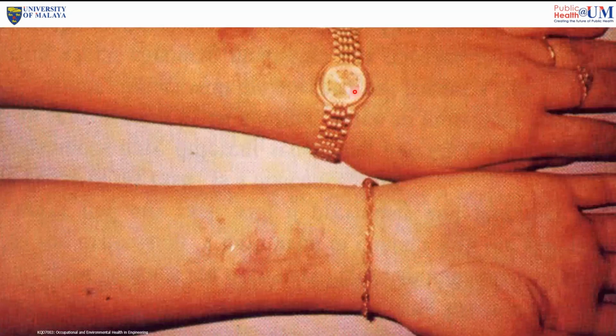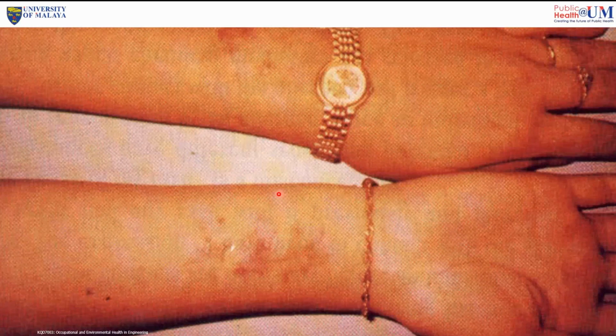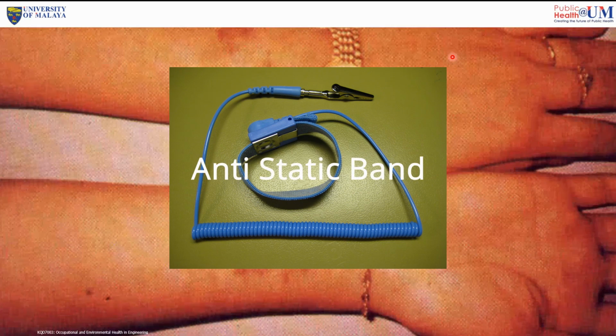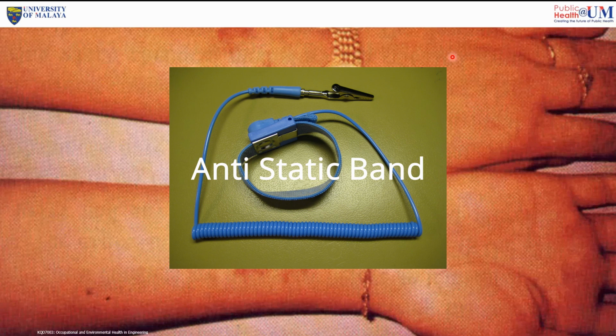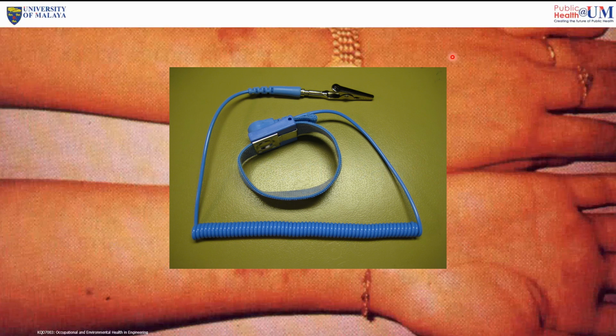Another problem you get from this is if this person is working in the semiconductor industry. Sometimes people use what we call an anti-static band around the wrist. If you're working in the semiconductor industry, doing a lot of electronic work, you need to put on an anti-static band to remove static electricity, because static electricity can spoil the circuit board. Some of those anti-static bands are made of nickel, because it's the cheapest metal.